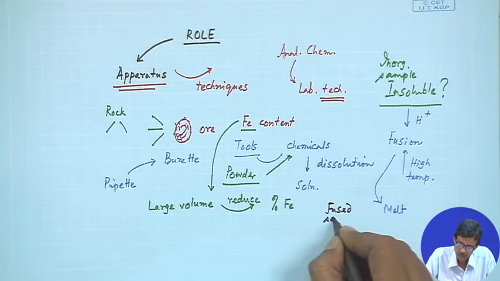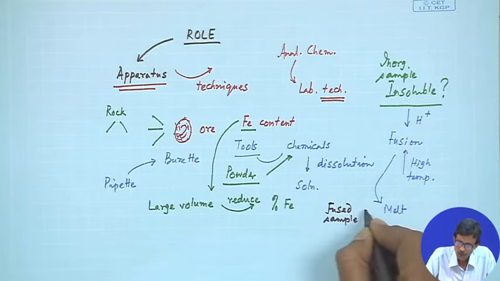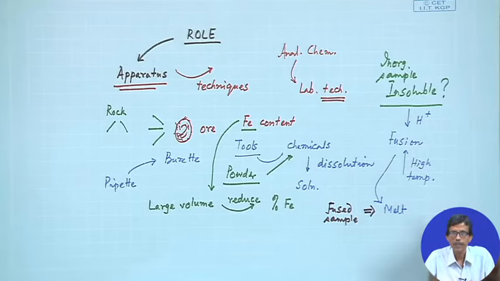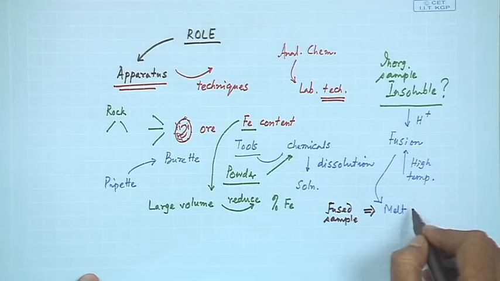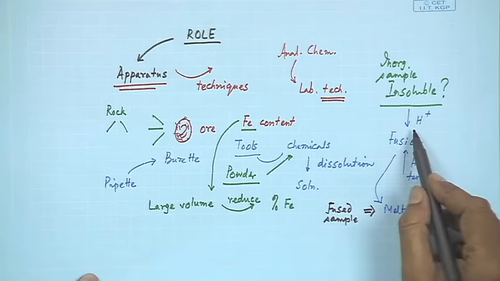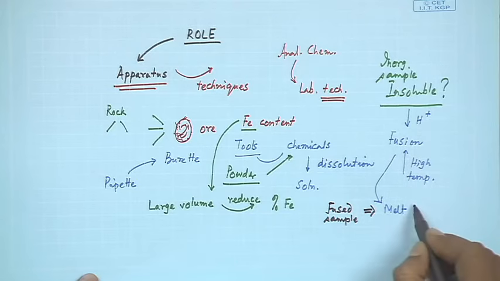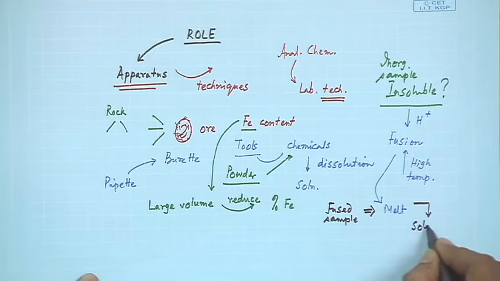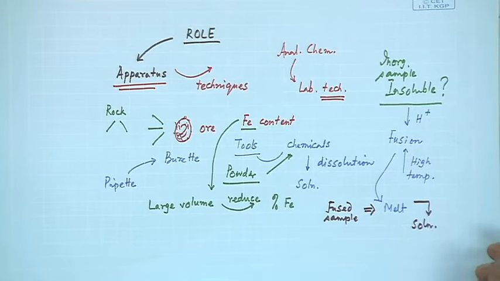Now if we add pure water, that means acid free water, or some alkali or some mineral acid, there is every chance of getting a solution out of that particular melt.